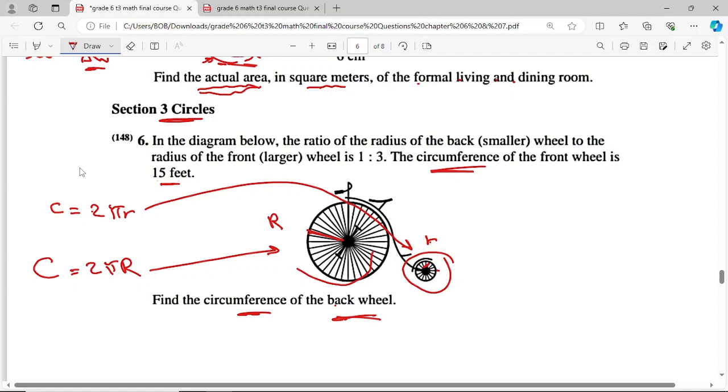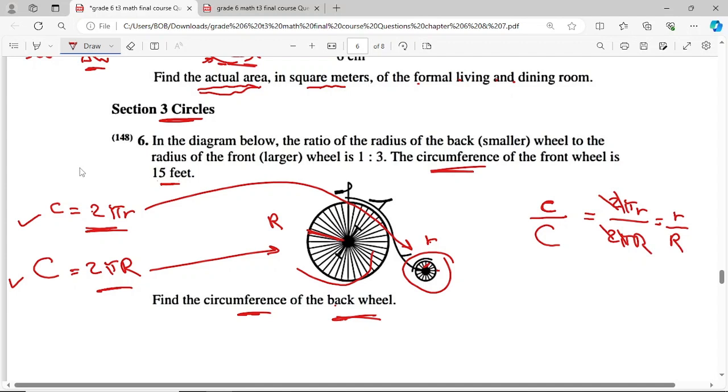So let's say the circumference of the smaller wheel over the circumference of the larger wheel is equal to 2 pi r over 2 pi r capital. I took the two equations of the circumference for the smaller wheel and for the larger wheel and divided them by each other. So this 2 will go with this 2 and this pi will go with this pi, so it will be equal to r over r capital.